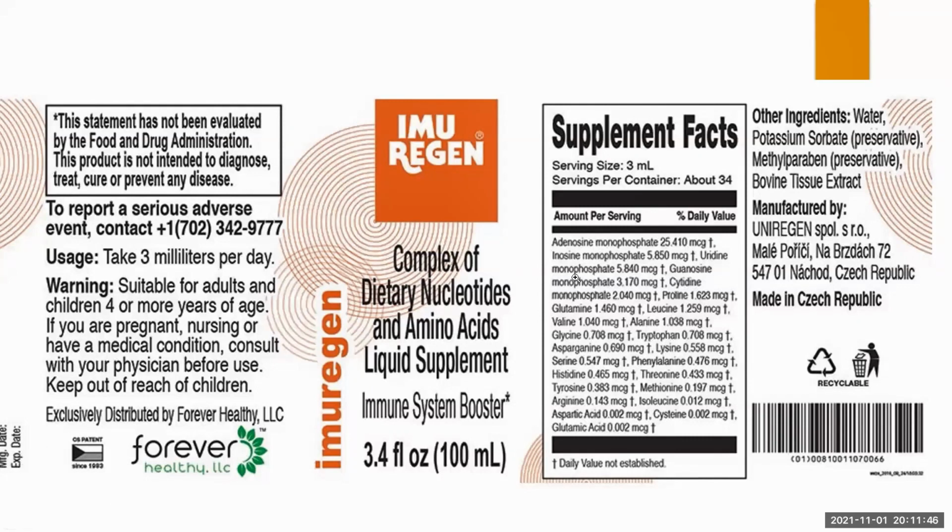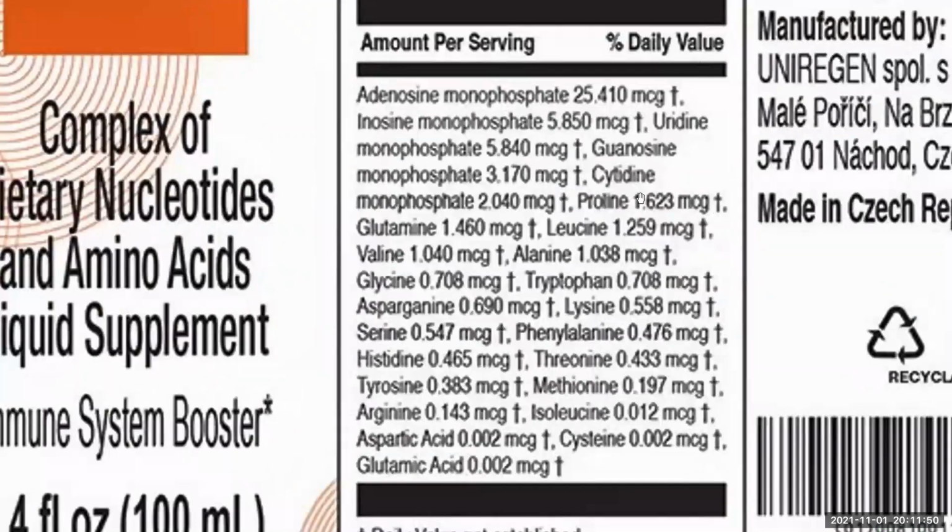And it has listed the 9 amino acids. So according to Francis, who counted the amino acids, it's 20. So it's complete. If I may read some of them: proline, 1.63 microgram, glutamine, 1.460 microgram, leucine, 1.259. You get it? Valine. Even the amount in microgram is listed.